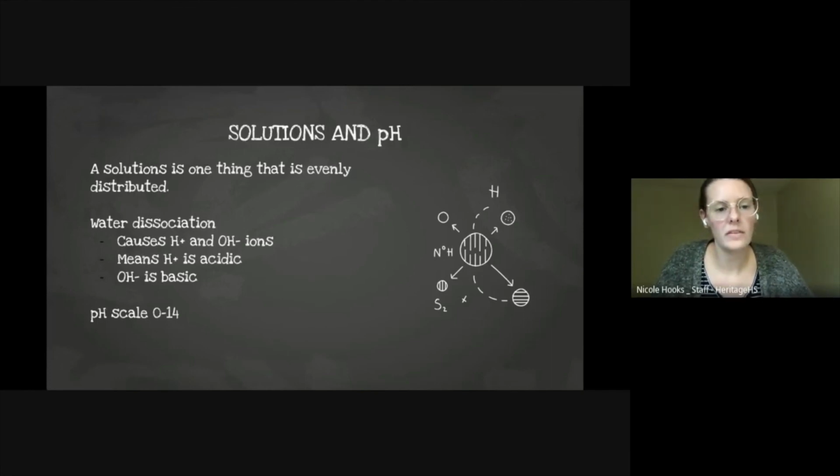And when there's more of either, you get pH differences. So 0 to 6.99999 is acidic, and 8 to 14 is basic. So 7 is neutral. 7 is right in the middle and neutral, and that's usually where water is.